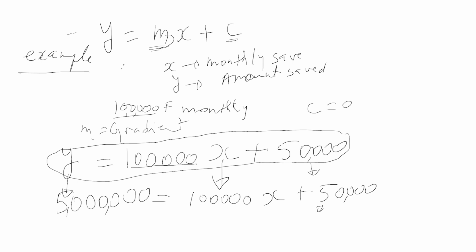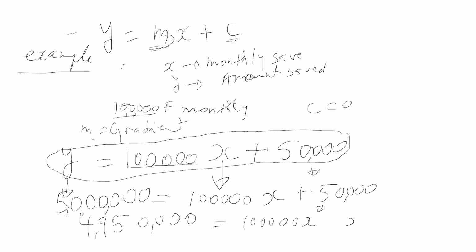When you take 5 million minus 50,000, it will be 4,950,000, I think, if I did the mental calculations well. It is 4,950,000 because I subtracted this 50,000, which will be equal to 100 what?